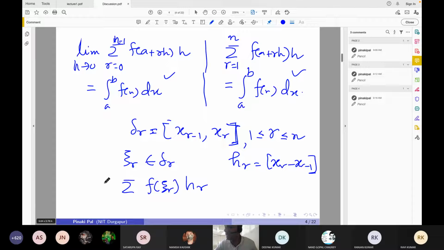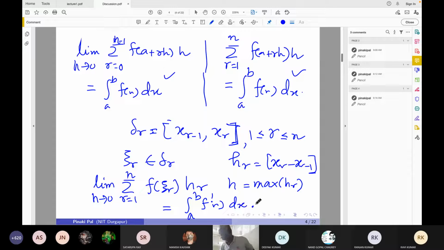And then you take the limit, r running from 1 to n, h tends to 0. What is your h? h is the max of h r. And if this limit exists uniquely, then it is called the definite integration of f(x) dx.